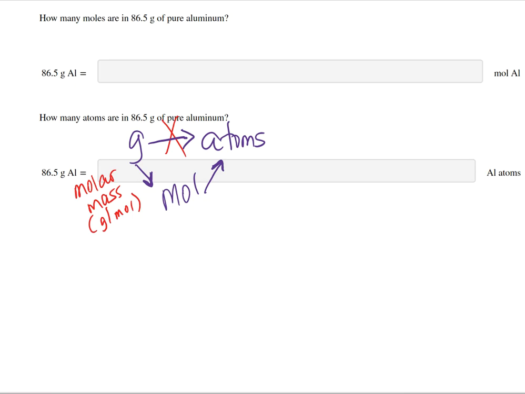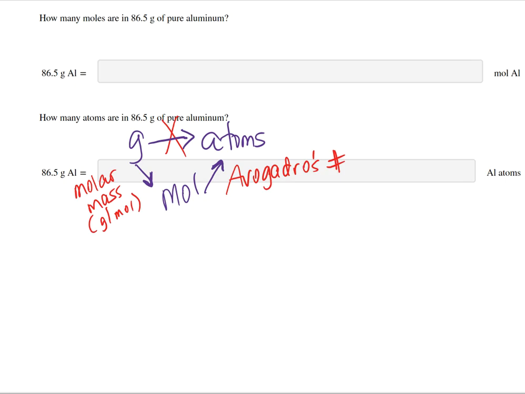For everything else, it's going to be Avogadro's number. Avogadro's number compares everything to the mole except the mass. Avogadro's number tells me how many particles are present in every mole. Those particles can be atoms, as we have with this example. They can be molecules. They can be ions. They can be anything except for the mass.